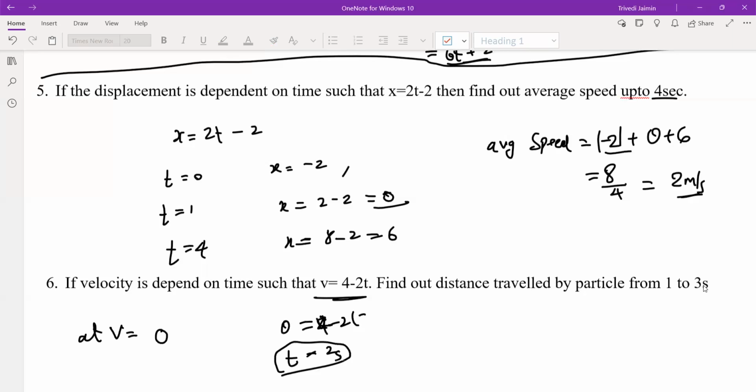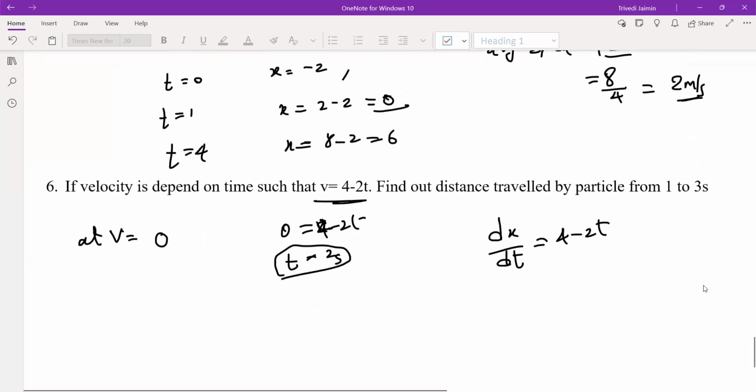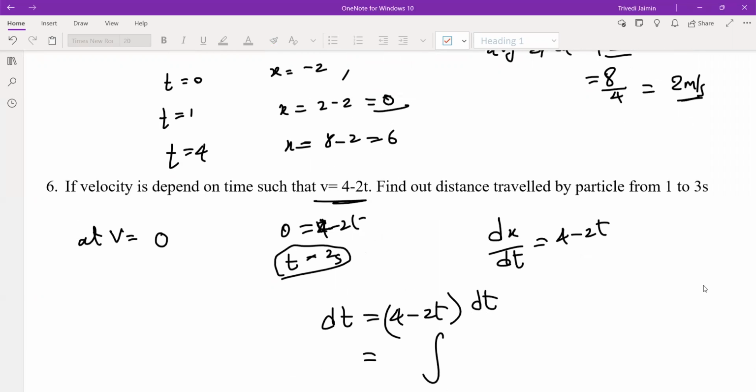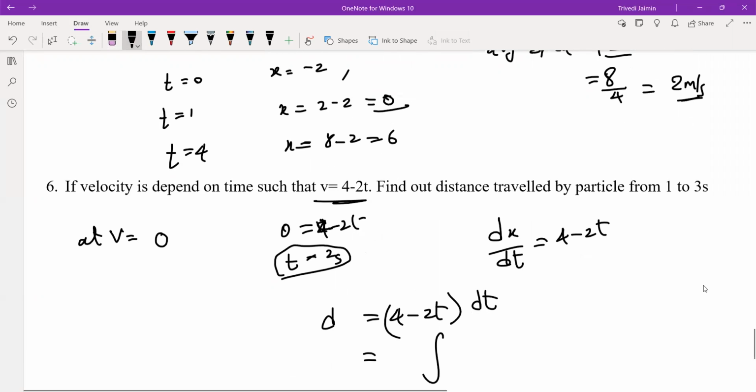So we got the limit also. Now let's take dx by dt, whose value is 4 minus 2t. Now dx equals 4 minus 2t dt. Sir, you wrote dt. Oh, I'm so sorry. So we should take two different integrals and then add both, sir. Exactly. Okay.